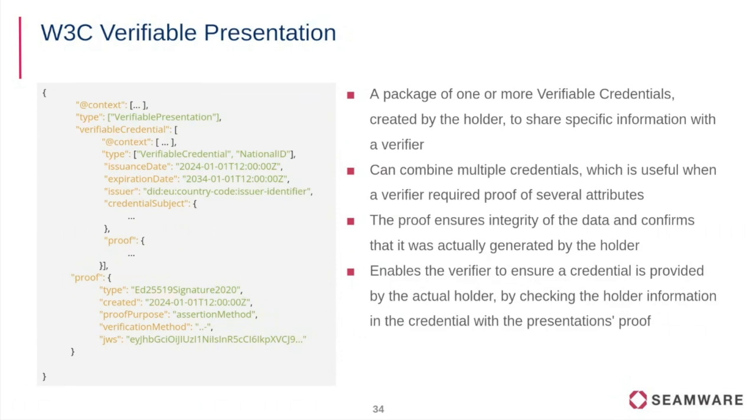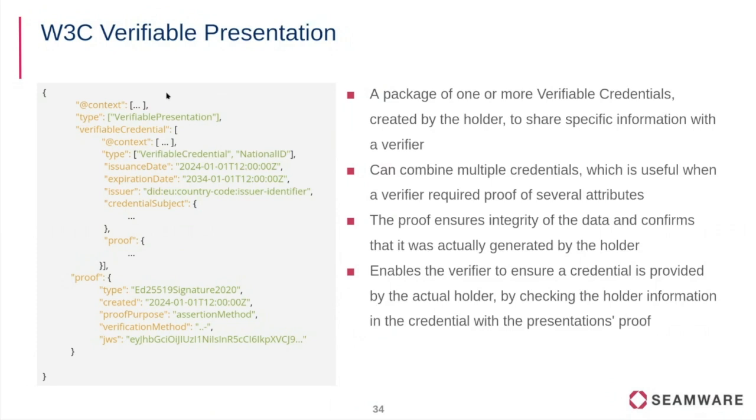Because, for example, with a driver's license, it's very important that only I can use my driver's license. In the real world, we are verifying this with a photo on the identity card. In the digital world, we ensure this by binding the credential through mechanisms like the subject ID or through CNF mechanisms, binding the credential to the holder itself. And when it's presented, I as a holder now also need to prove that I am actually the holder that it was bound to.